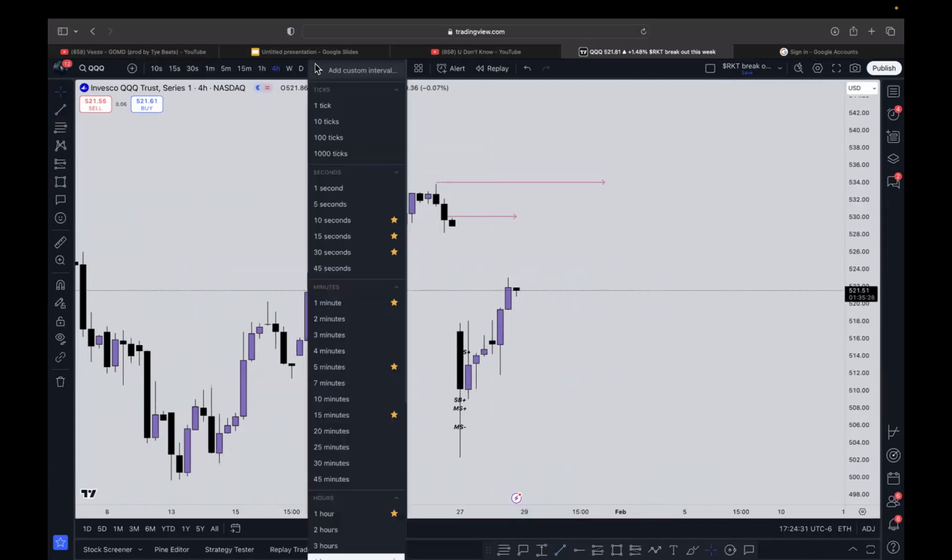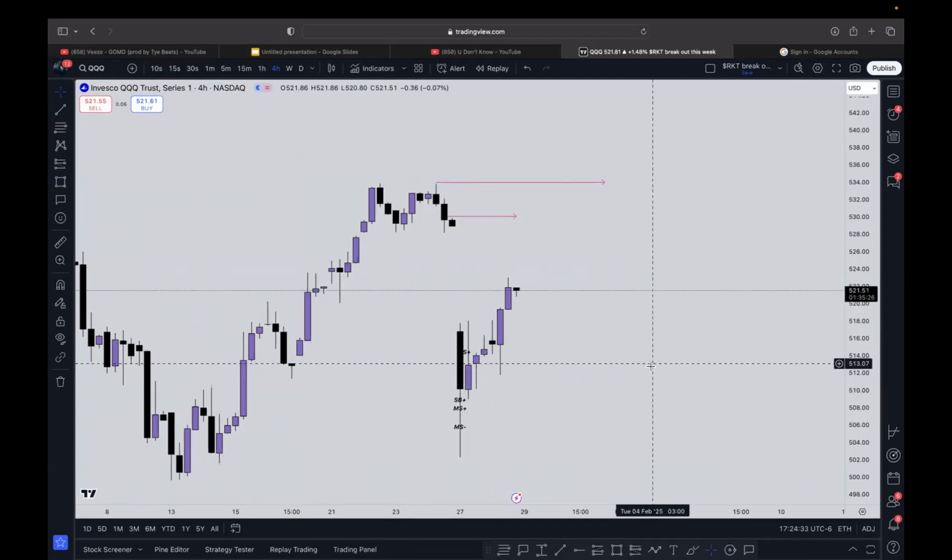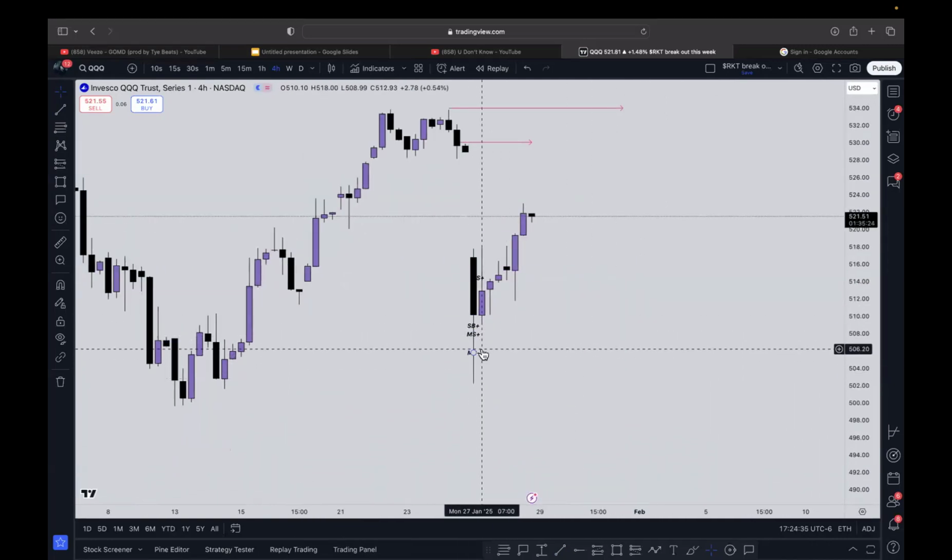So as you can see, the lower the time frame we're on, the sooner a shift will happen. The higher the time frame we're on, the later it'll happen. And that's kind of how time frame scaling works.